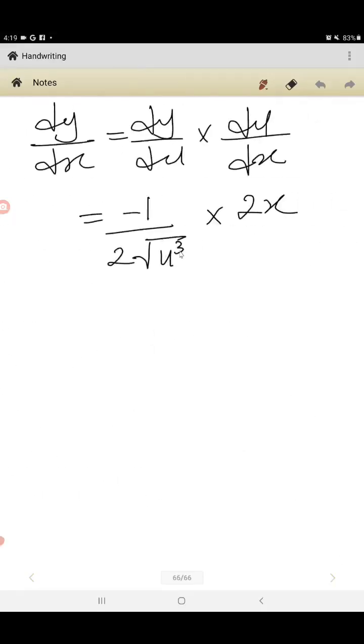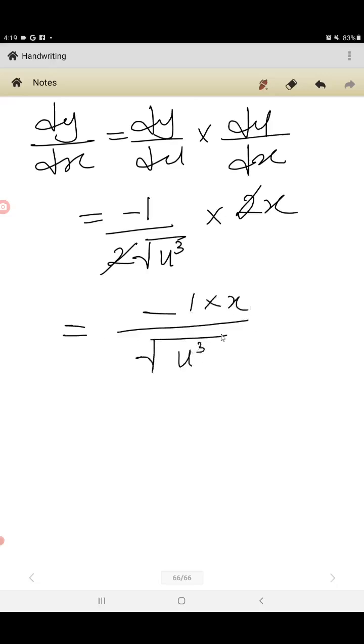Now, if you study very well, you discover that in the numerator there is a 2 and in the denominator there is also 2. This cancels conveniently, giving us minus x all over root u raised to power 3.